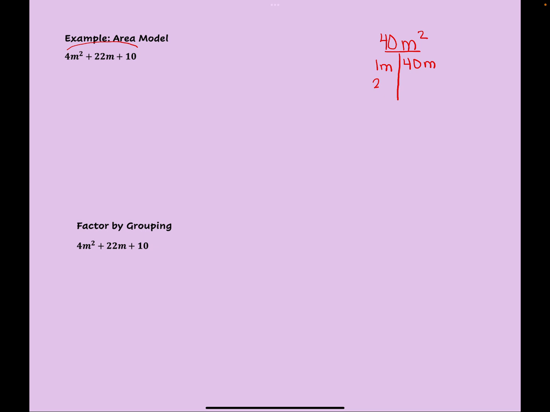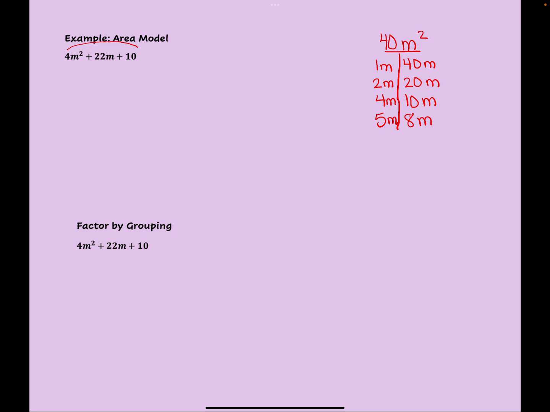I have 2m times 20m, and then I have 4m times 10m. I have 5m times 8m. All of these give me 40m squared.